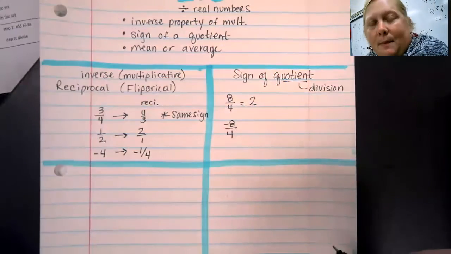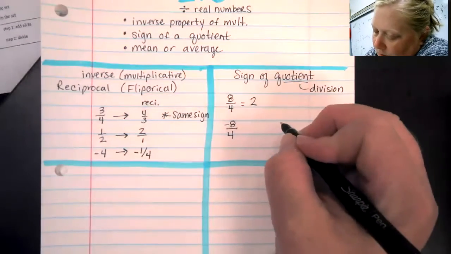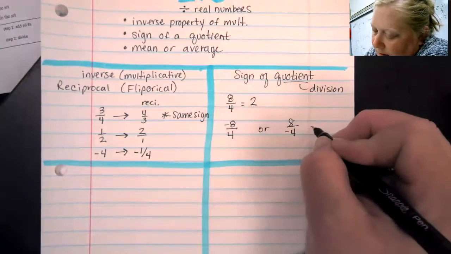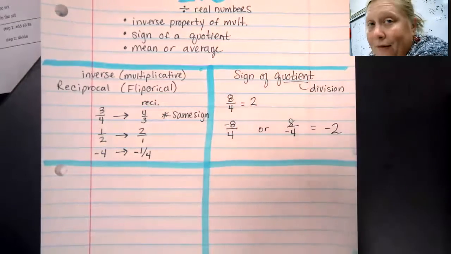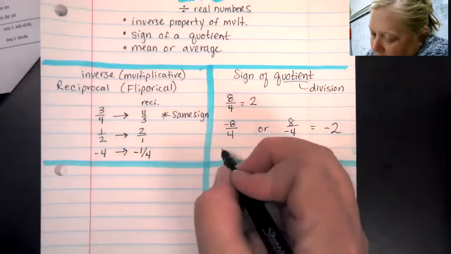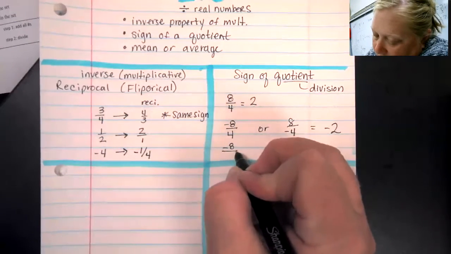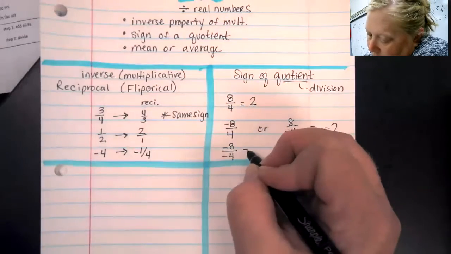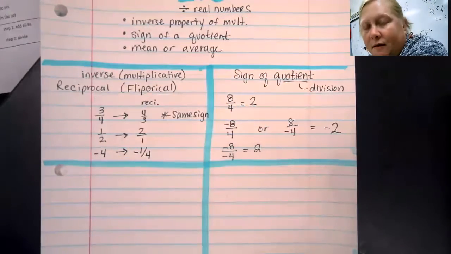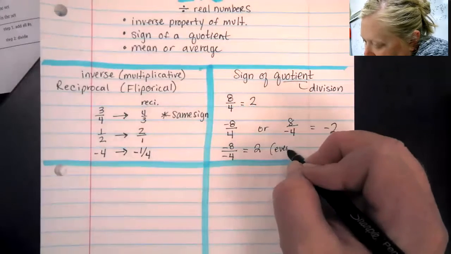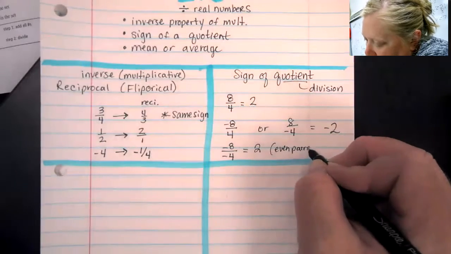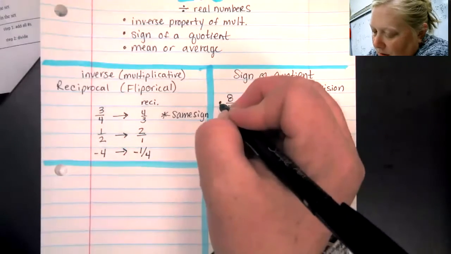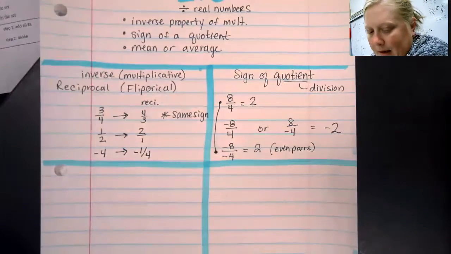A negative divided by a positive, or a positive divided by a negative, is still going to give you a negative. And two negatives also equals a positive. So when they come in even pairs, we still have a positive. Notice these two here and here are the same.